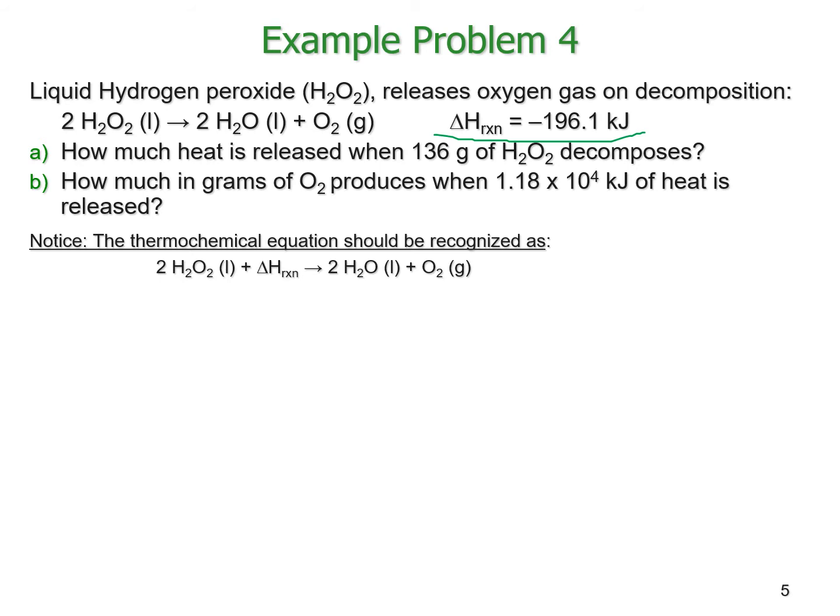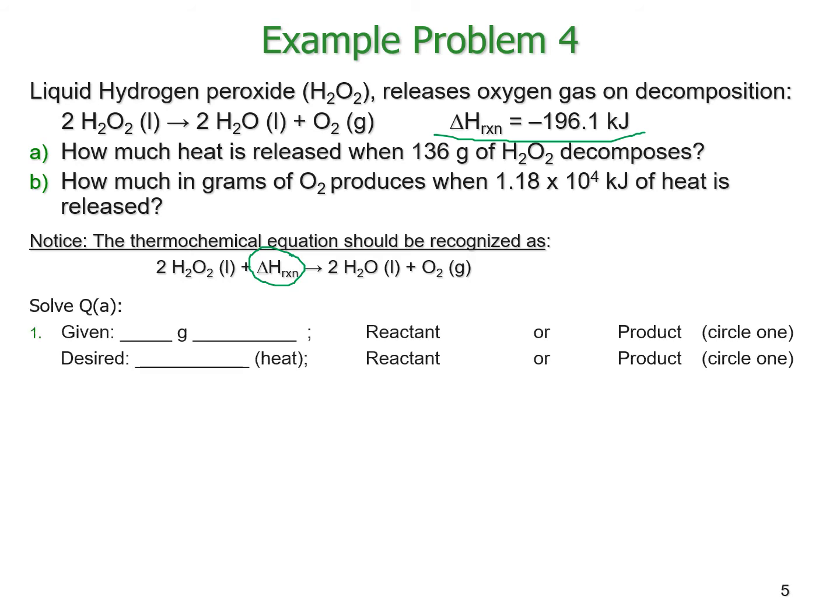But what is unique about stoichiometry in this chapter is, remember, we consider delta H of the reaction as a reactant. We just simply put the delta H in the position of a reactant before we even start thinking about stoichiometry.